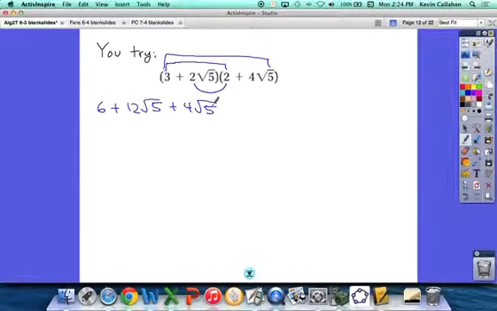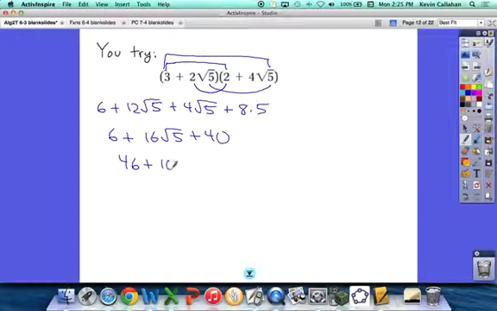And then the last ones, 2 times 4 is 8, and the square root of 5 times the square root of 5 is 5, so 8 times 5 is 40. So this is 6 plus 16 root 5 plus 40, which is 46 plus 16 root 5.